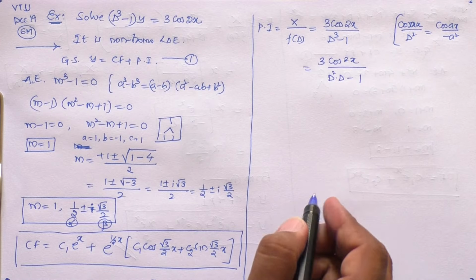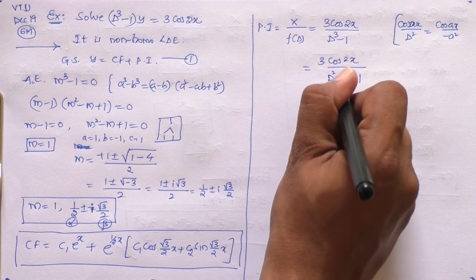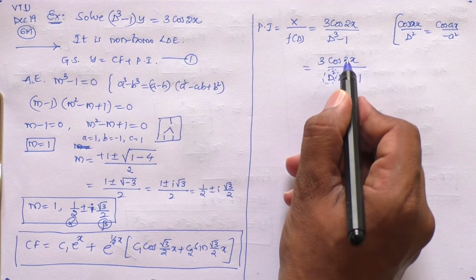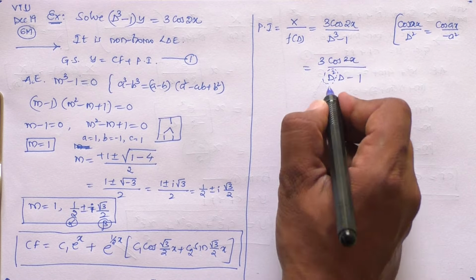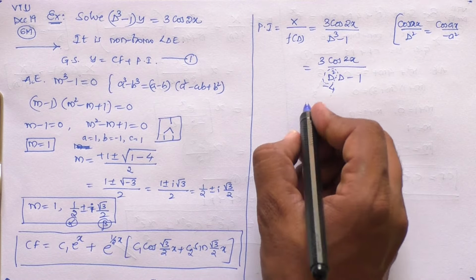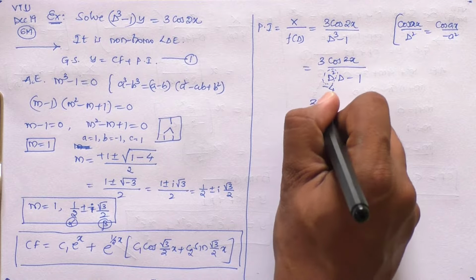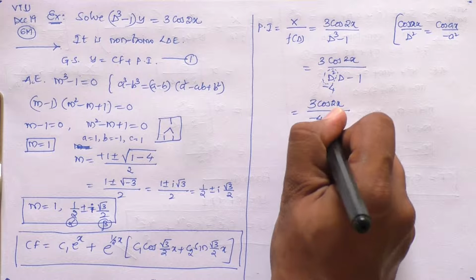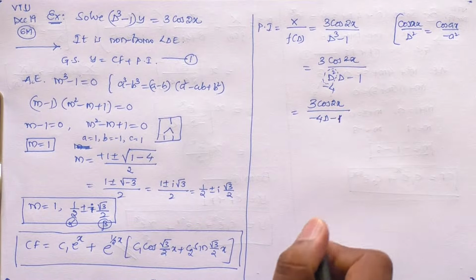Once you get d square, it has to be replaced by minus a square. A is 2, a square is 4, so minus 4. So d square has to be replaced by minus 4. So it can be written as 3 cos 2x divided by minus 4d minus 1.